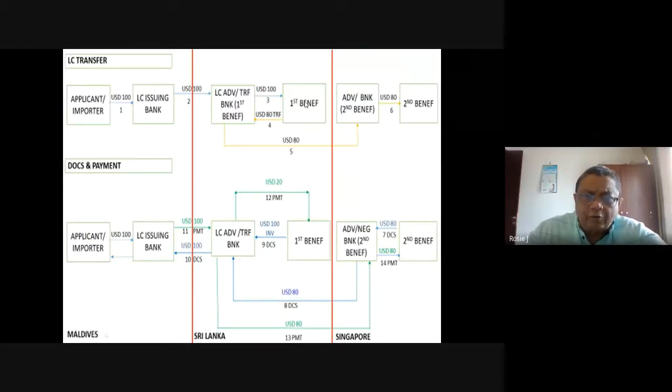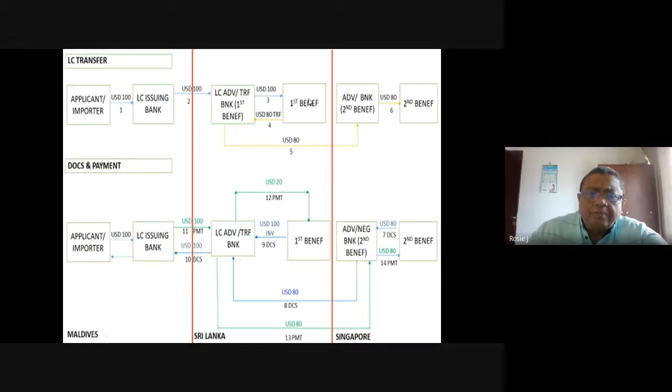Now, the Sri Lankan can't perform the shipment himself, and the Singaporean now wants an LC. So he wants to transfer the LC he got from the Bank of Male to his supplier, say Mr. Tim in Singapore.